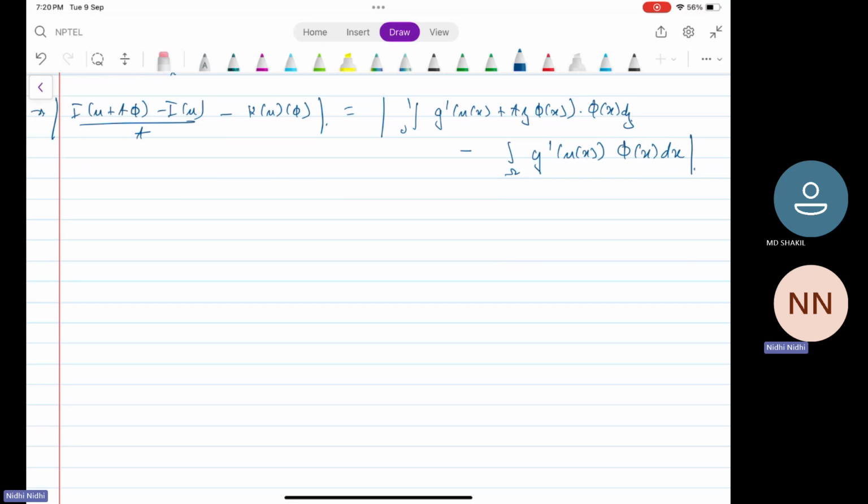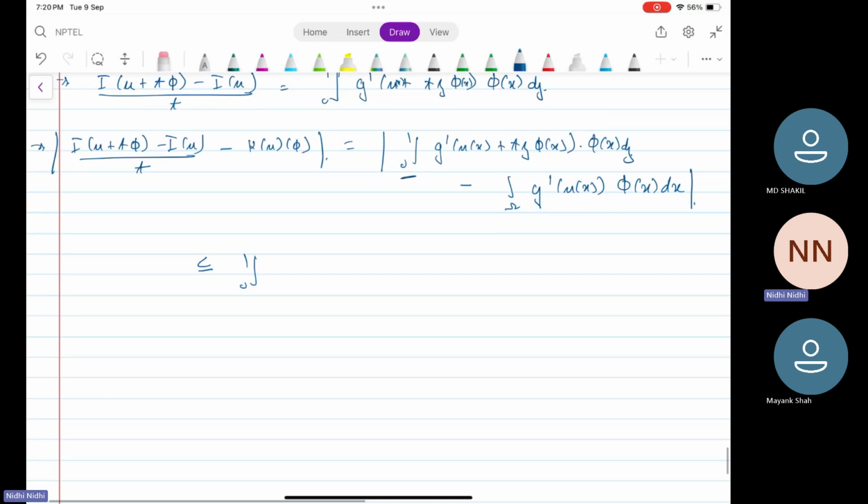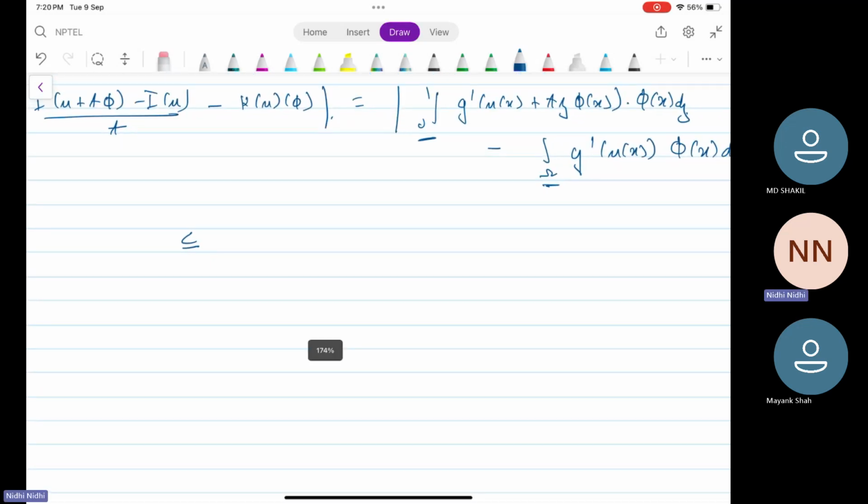So this is less than or equal to the integral from 0 to 1. You can see that here we have the integral from 0 to 1 and here we have the integral over Ω. So firstly, I'll convert this to an integral over Ω.